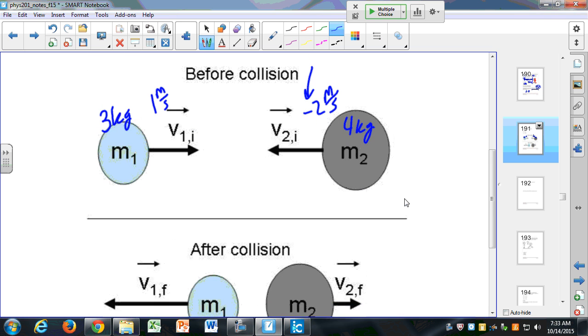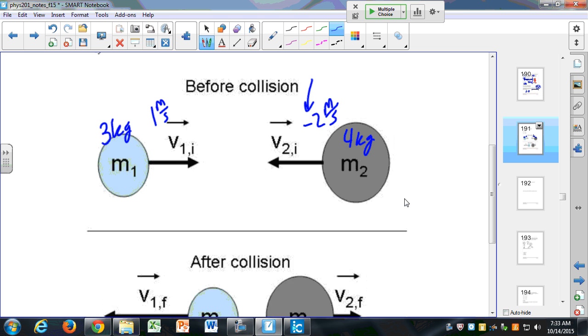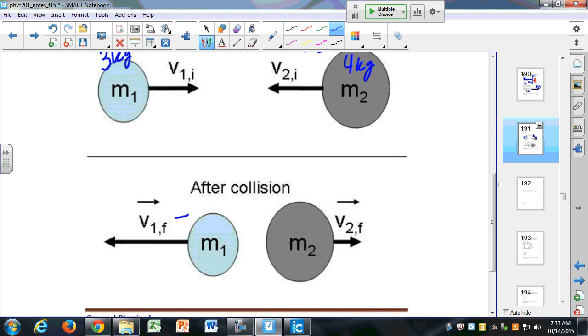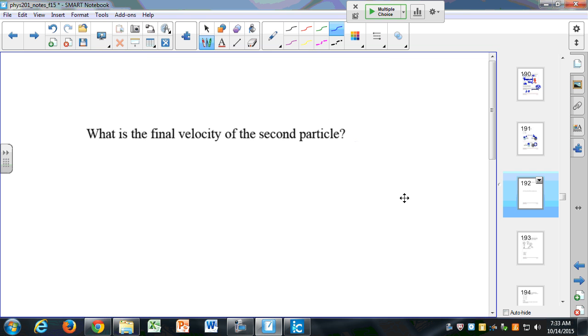And then after the collision, I tell you the final velocity of M1 is -5 meters per second. And I want to know the final velocity of that second particle.